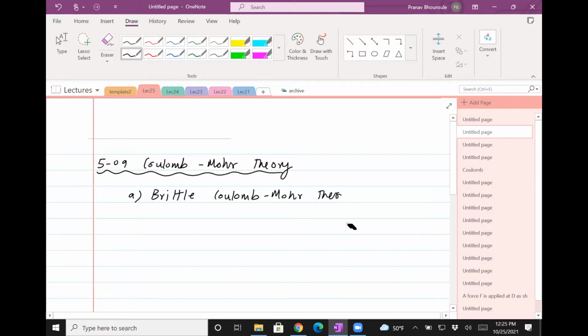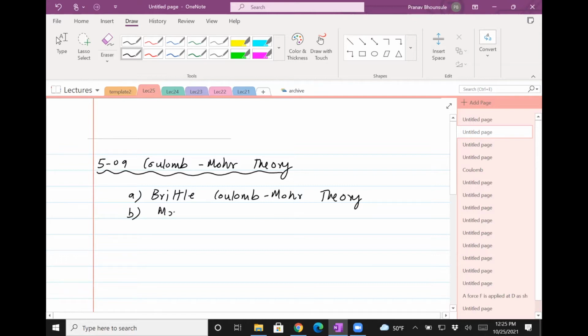It's to be used when the failure in tension is different from the failure in compression. So there's a distinct SUC, which is different from SUT. For ductile material, that's usually not true. For brittle materials, it's usually true that there is a different compressive failure than a tensile failure.